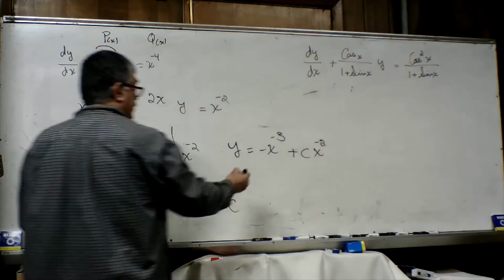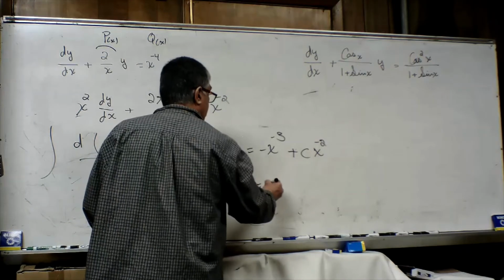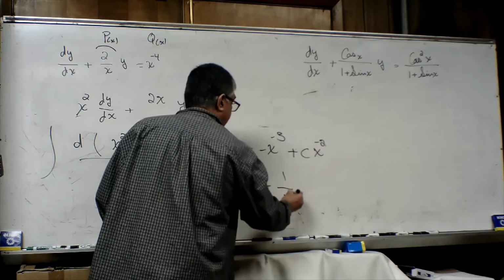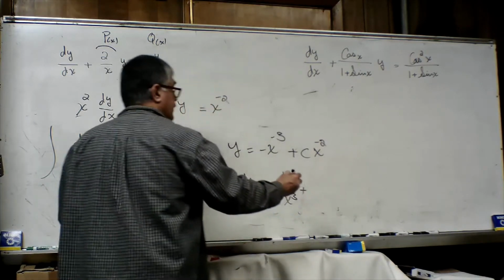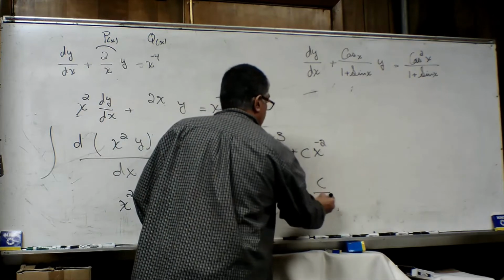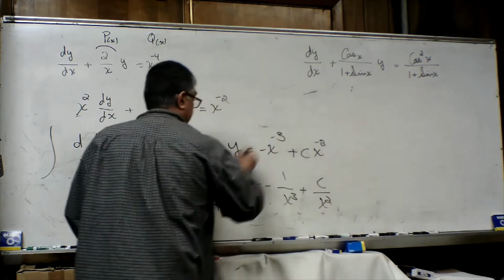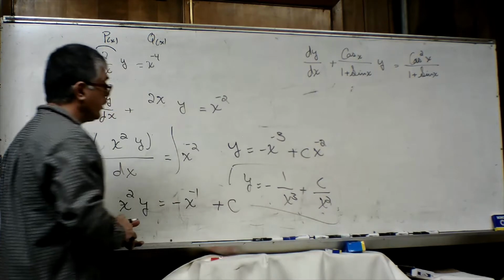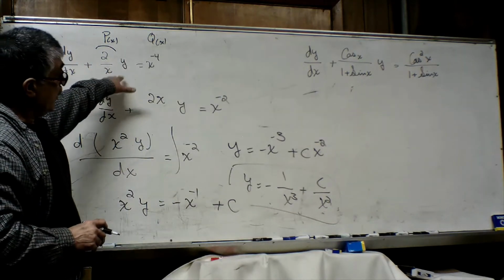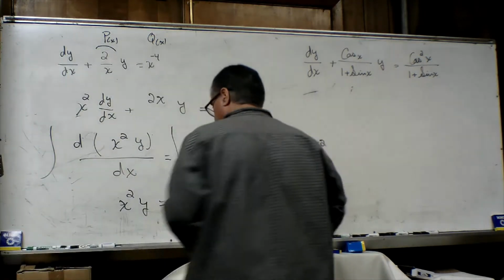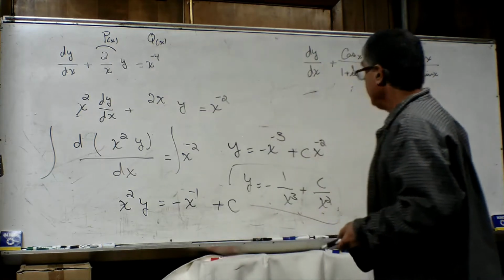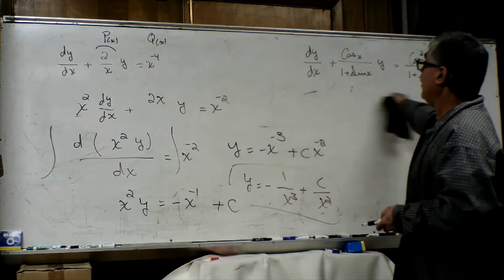Or we can write this as y equal to minus 1 over x cubed plus c divided by x squared. Same. So this is the solution for this first example. Okay, now let's go on to this one.